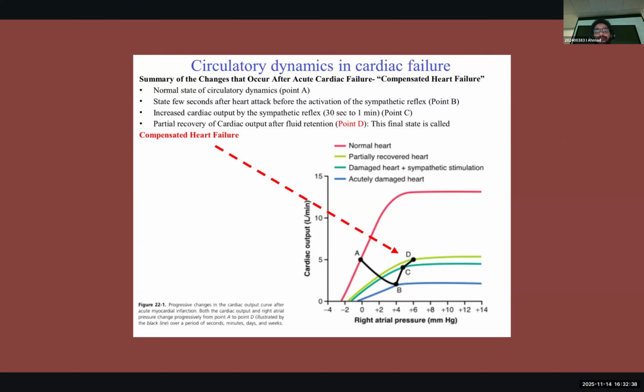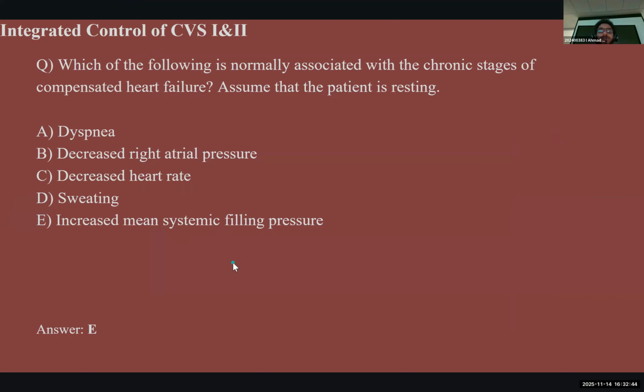As a result, the blood volume increases. And the increase in the sympathetic tone with the increase in the blood volume will result in an increased mean systemic filling pressure.